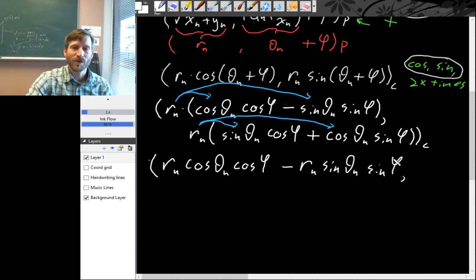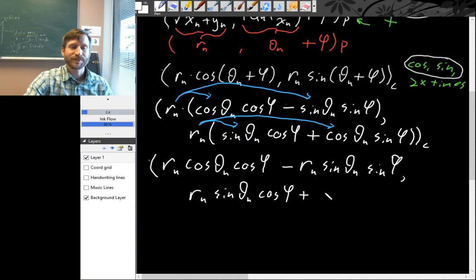So that's all for the x coordinate. Now for the y coordinate. R sub n times sine of theta sub n times cosine of phi plus r sub n times cosine of theta sub n times sine of phi.